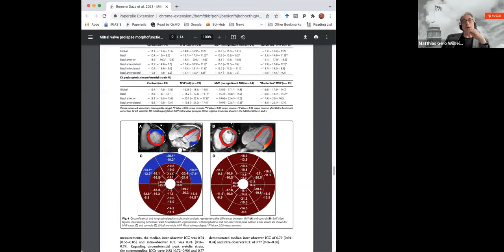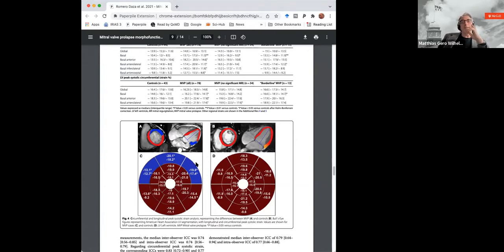So we know that strain can be used to describe regional abnormalities of left ventricular function. So the deformation of the ventricle, which is typically more informative than just ejection fraction or stroke volume. Ejection fraction is probably the worst, but even stroke volume or stroke volume index do not necessarily reflect any regional abnormalities.